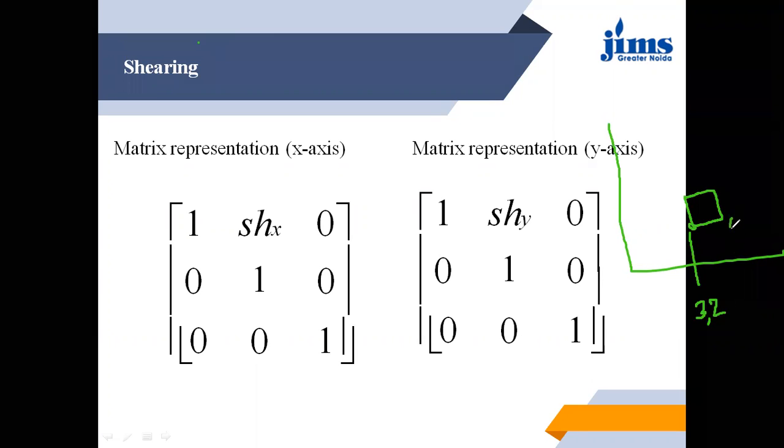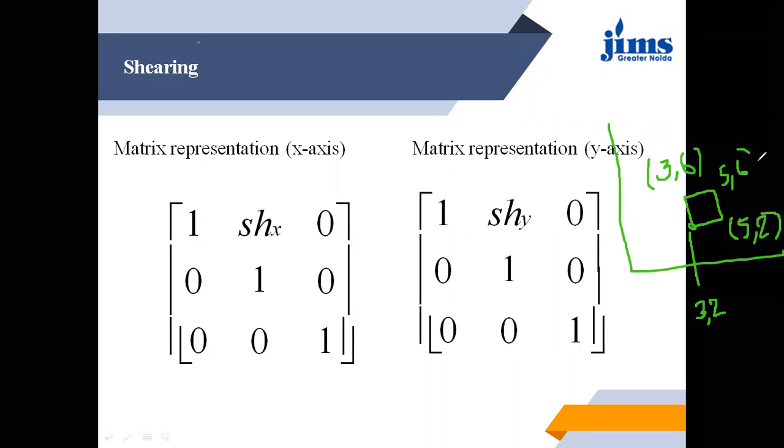Here the value of x is 5 and the value of y is 2, because it is at the same distance from the x-axis. Here the same distance from the y-axis. So suppose it is 3 in x direction, same, and on y direction suppose it's 6 now. This is 5 on x axis, this is 5 on y axis, this is 6.